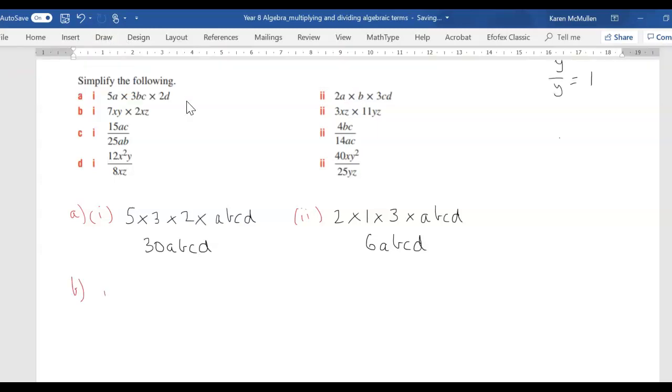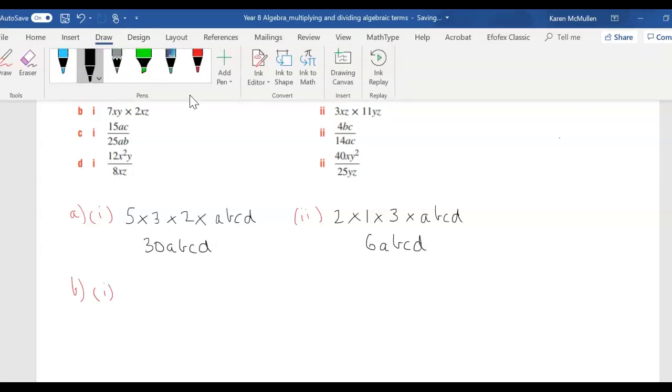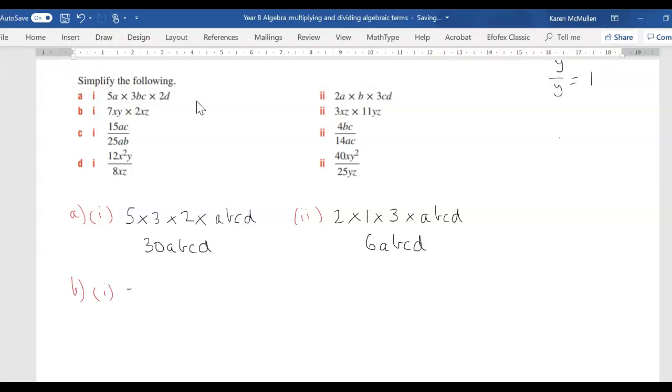All right, let's move on to question B, part I. So we've got coefficient 7 times 2, and then we've got x times x. Remember, that's going to make that x squared, and then y, z.